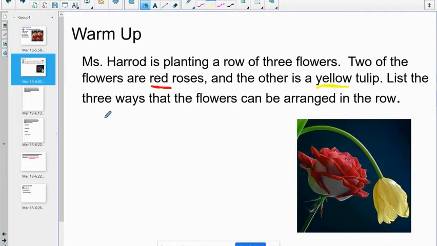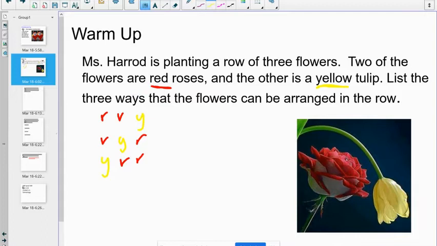So we could arrange it as a red rose, a red rose, and then the yellow tulip. We could have a red rose, yellow tulip, and another red rose. What's another way? Let's think. We could have the yellow tulip come first, and then the 2 red roses.